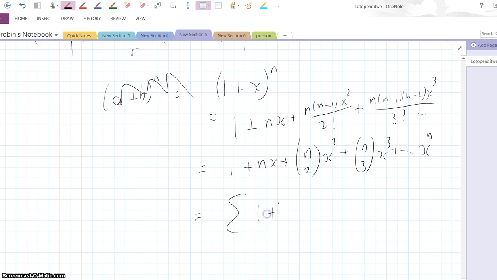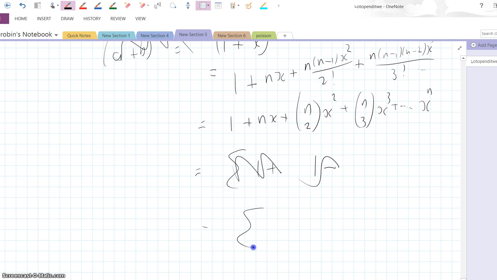That equals the sum of n choose r x to the r, and the whole thing was equal to 1 plus x to the power n.